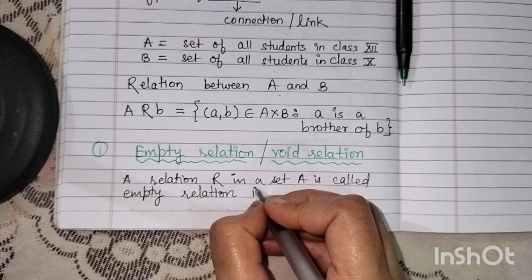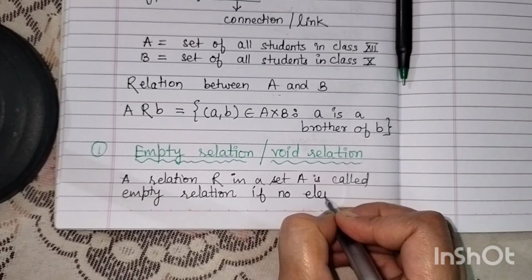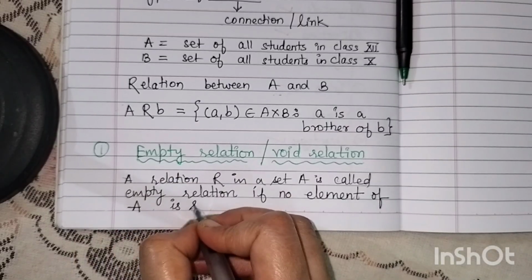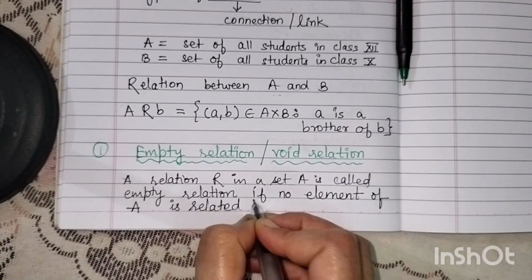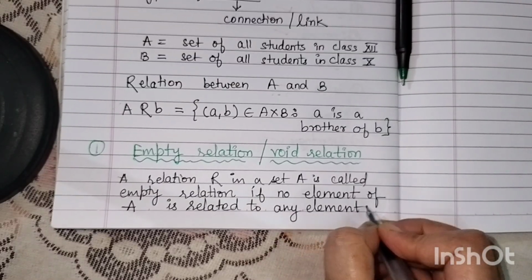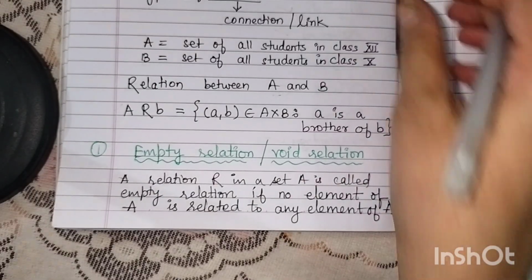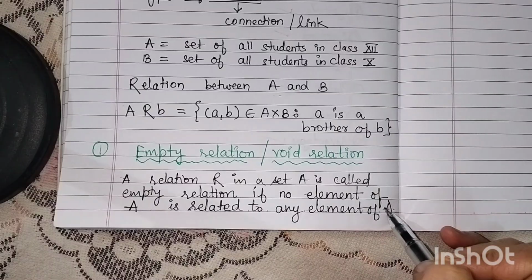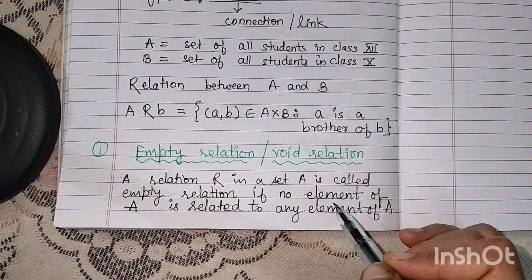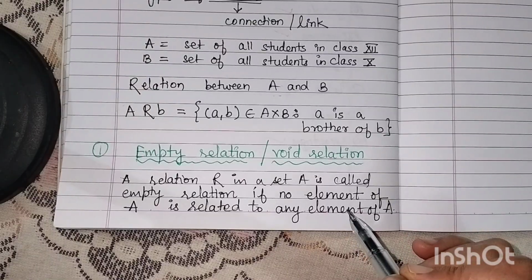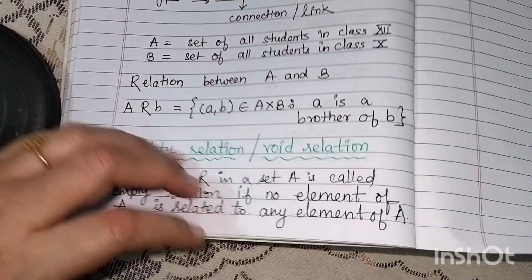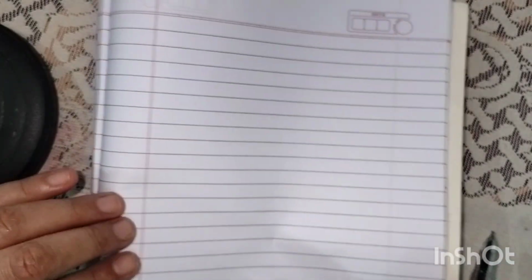Okay, so if no element of A is related to any element of A, so if you have a set A and no element of A is related to itself, then it is said to be an empty relation.